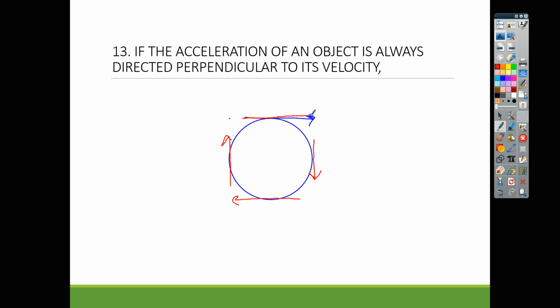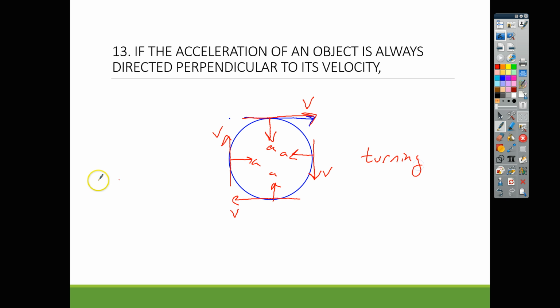Let's go ahead and make this one red. So if the acceleration of an object is always directed perpendicular to its velocity, so these are all velocities, this is something going in a circle. Maybe you're looking down at a carousel from the top, or you're watching a roller coaster and there's a car going through it. The acceleration, if it is perpendicular to the velocity, just like this, so these are all accelerations, then we know that this thing is turning.